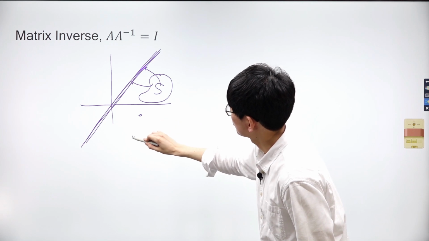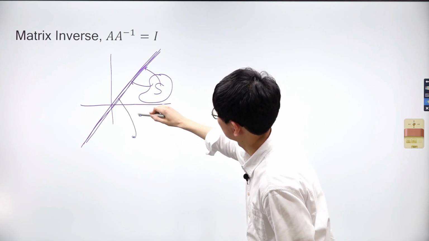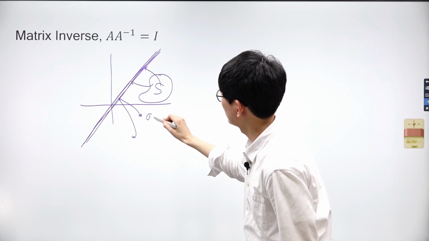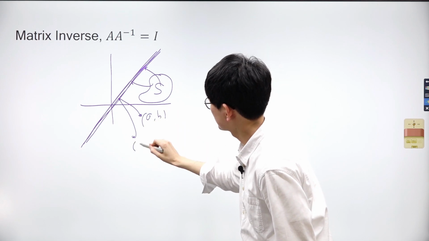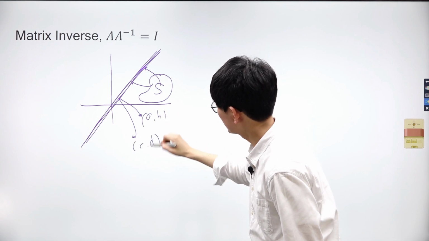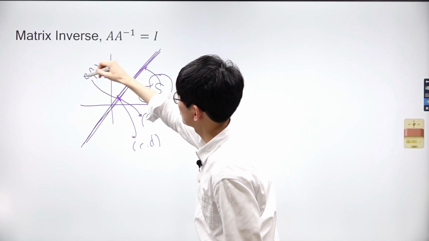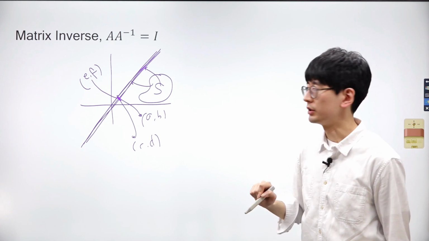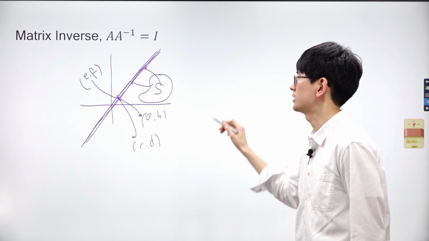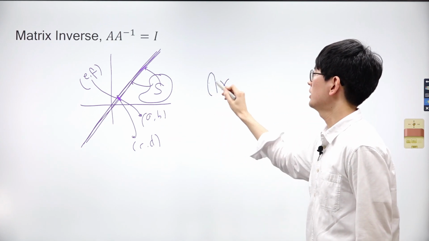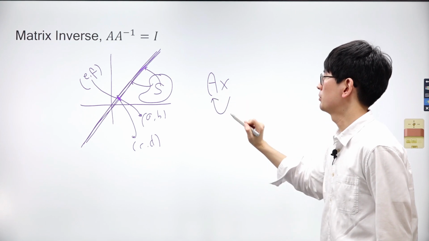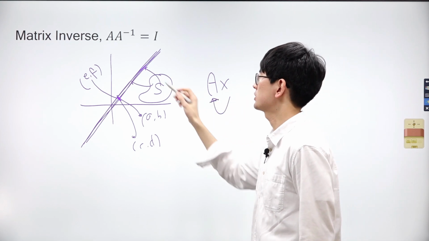In other words, this means that different vectors on the plane can be mapped to the same points on the line. For instance, two distinct coordinates (a, b) and (c, d) can be mapped to the same coordinates (e, f). This transformation can be expressed as a matrix-vector multiplication Ax. Matrix A shifts every point on the plane to a line.